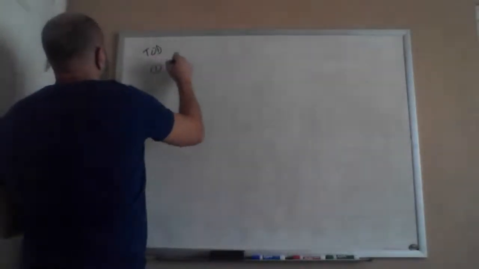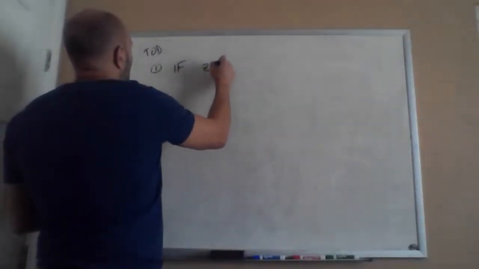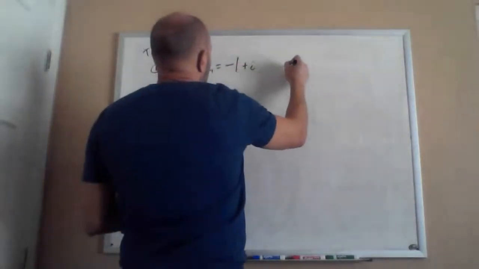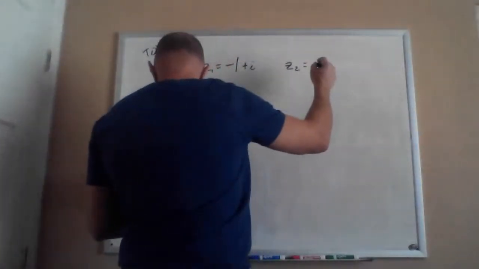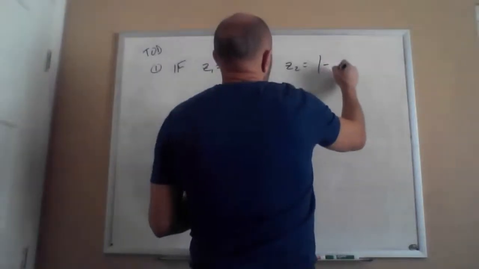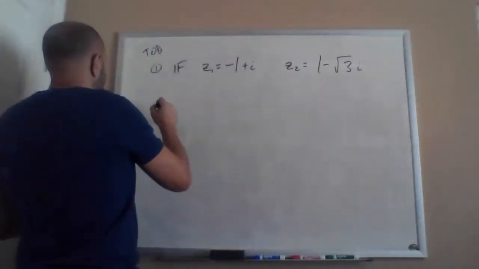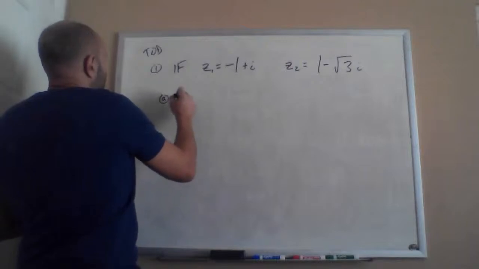All right, so for your ticket out the door today, it's just one problem. If Z1 is equal to negative 1 plus i, and Z2 is 1 minus root 3 i, find the following.